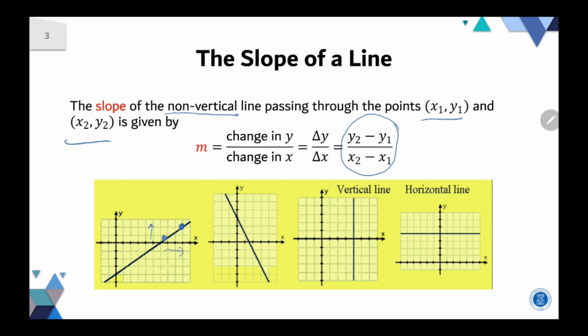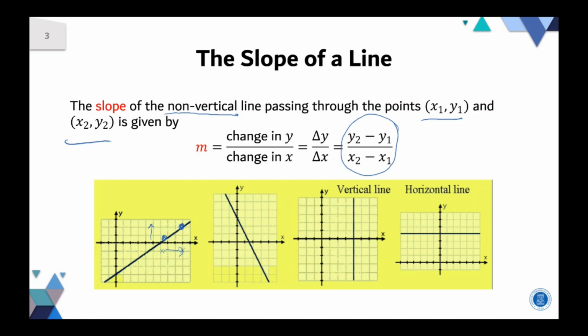So if we take this point minus this point, it will be a positive number. So in this case, the slope will be positive, positive divided by a positive number. So if we have an increasing line, we will have a positive slope.